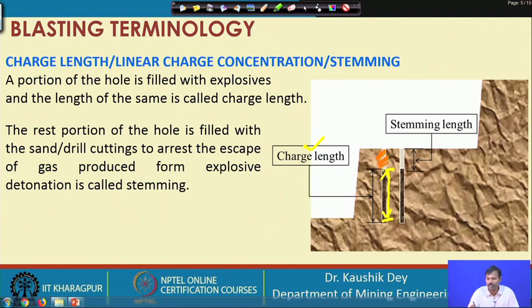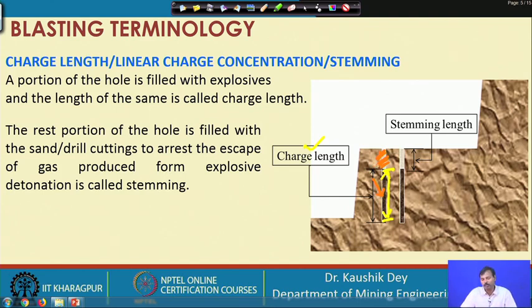at this position, so that on detonation of the explosive, when the gaseous product is formed, it should not escape from this opening. So, what we want is that we insert explosive inside the hole, the explosive is detonated, and the gases are kept locked inside the hole.